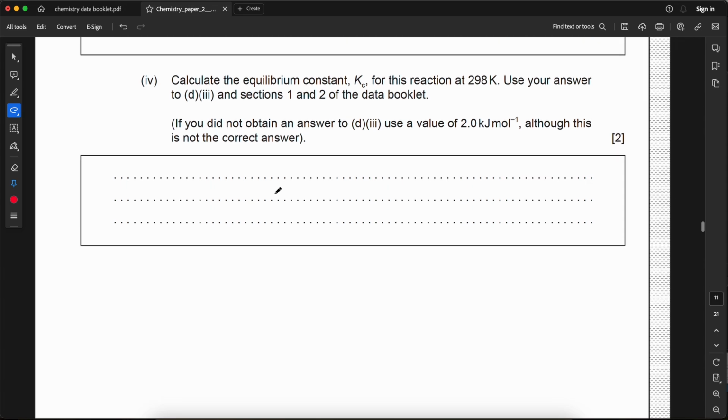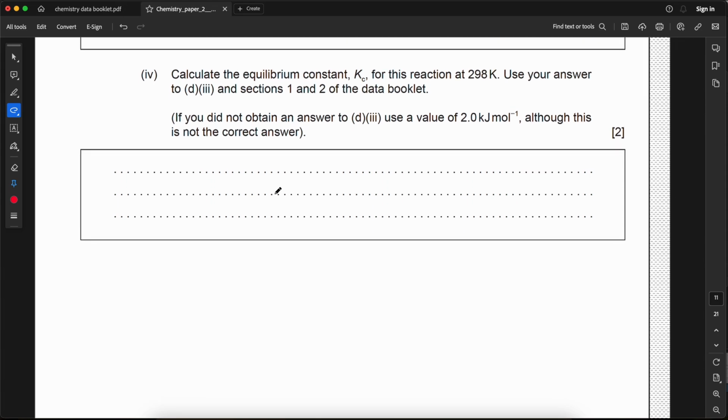Calculate the equilibrium constant Kc for this reaction at 298. Use your answer to D3 and section 1 and 2. So ln Kc will be delta G divided by RT. You can get this from section 1 of the data booklet. The equation is provided.